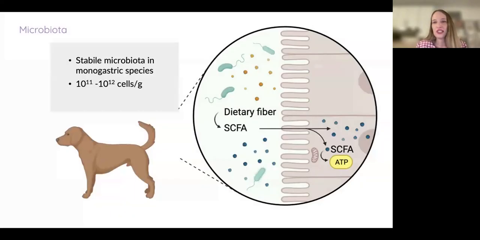So just to start with an explanation of what exactly microbiota and the gut generally are. In the gastrointestinal system of our pets, we can find quite a lot of different organisms living there.